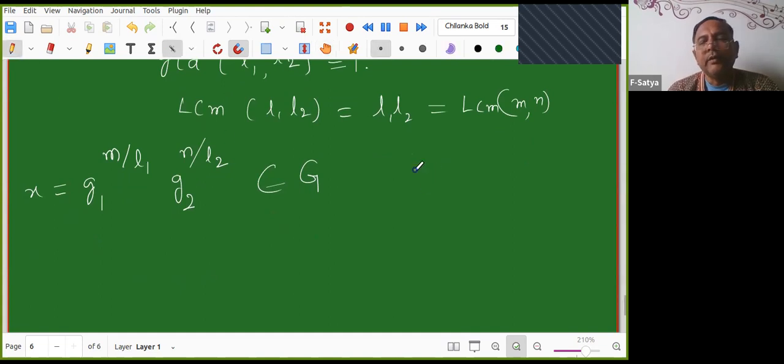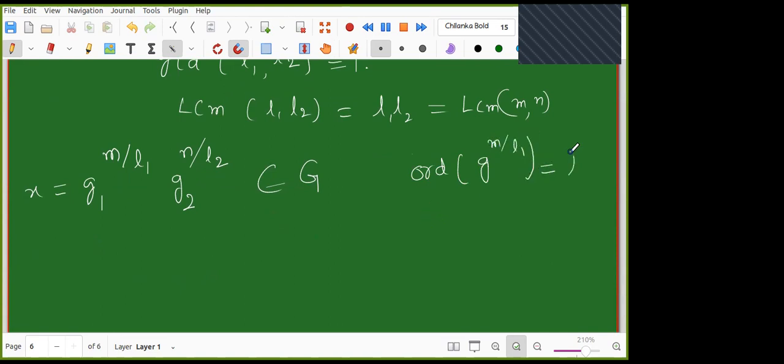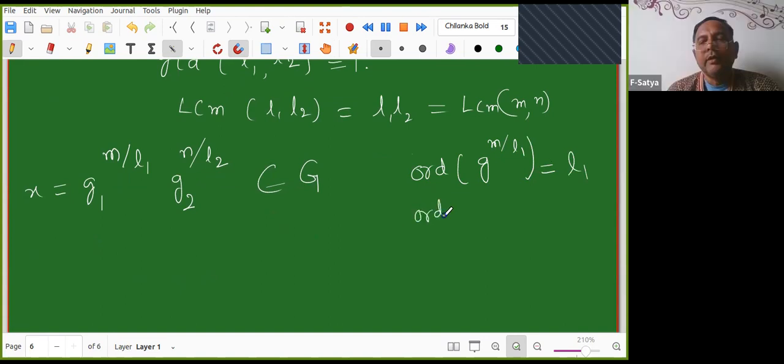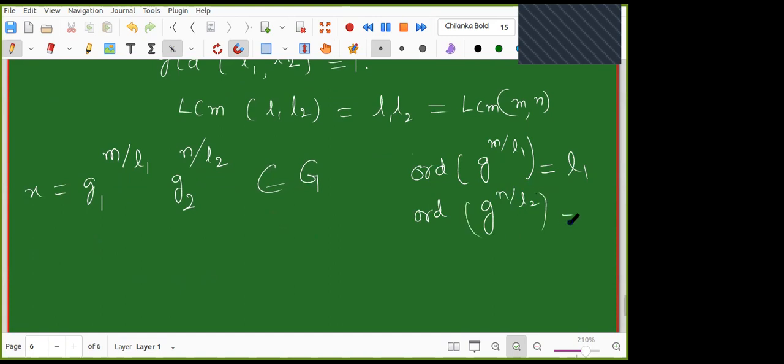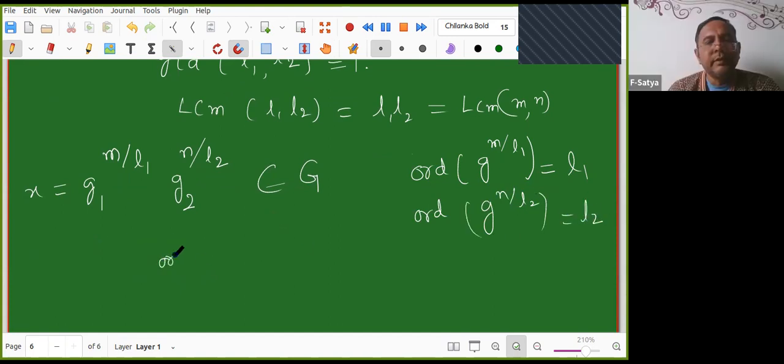So this is my X, right? So now what is the order of G1 power M by L1? L1. What is the order of G2 power N by L2? L2. Then what is the order of X? L1 into L2.